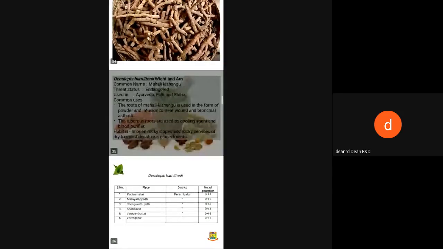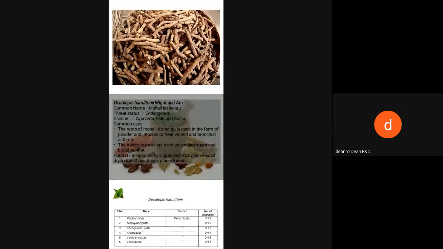As for the habitat, it is open rocky slopes and rocky crevices of dry to moist deciduous places or forests, where we have had great experience collecting this species in the Perambalur district, in various places of Pachamalai, Malayalapatti, Chengattupatti, Arumbavur, Vepandattai, and Veeraru. These are the accessions we have collected. See how wild it grows in the dry jungle.